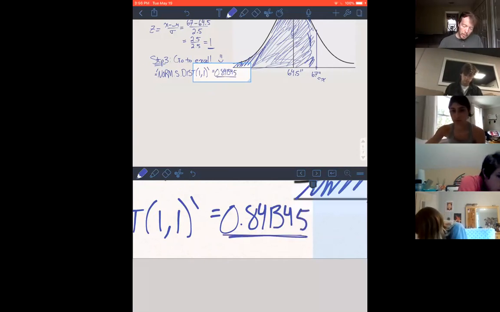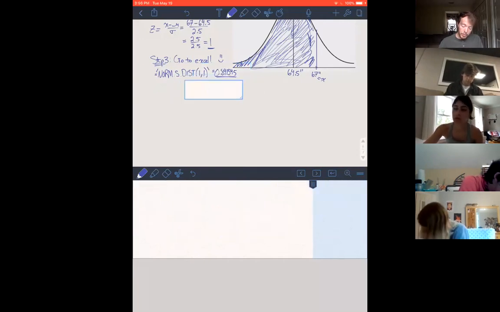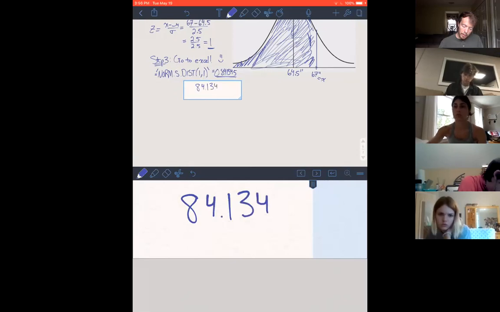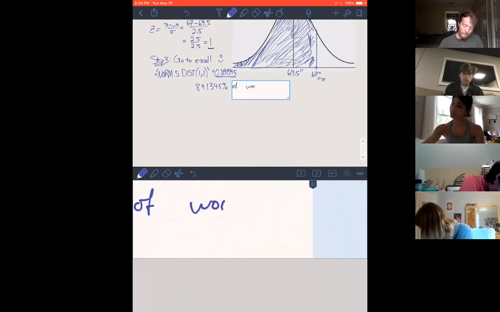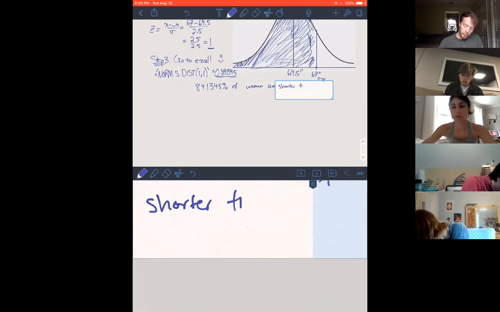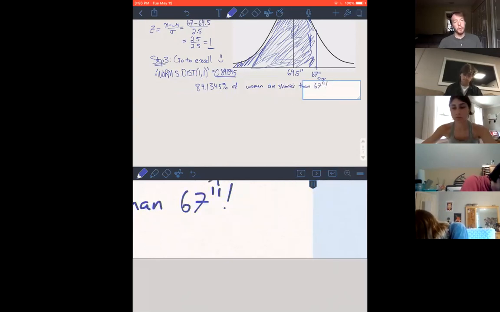Okay, and that's the answer to our question. Apparently, 84.1345% of women are shorter than 67 inches. Pretty cool. Any questions?